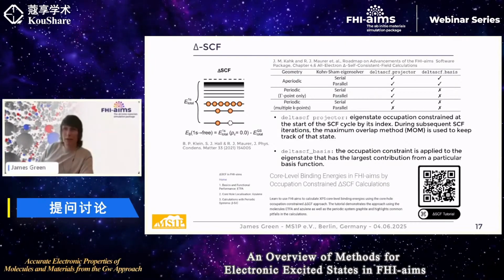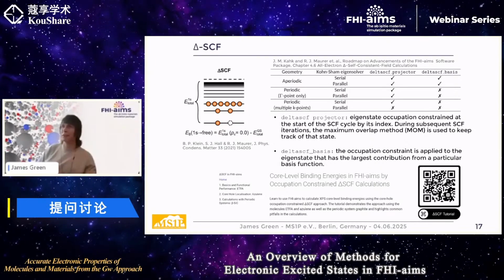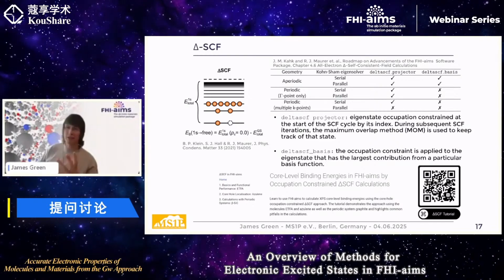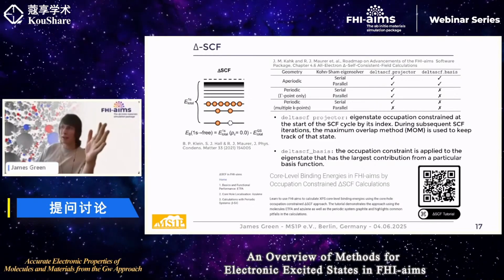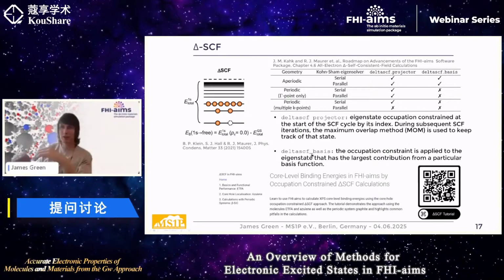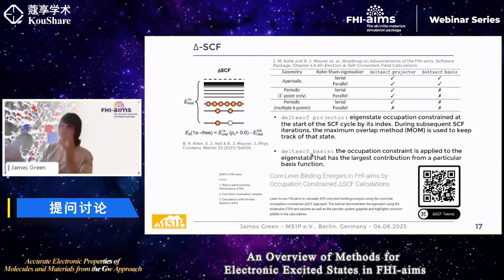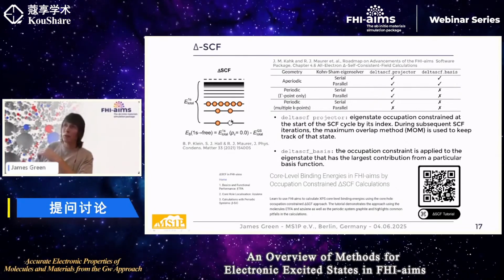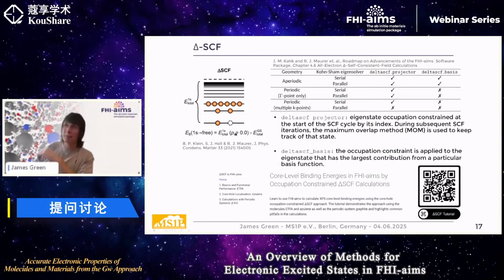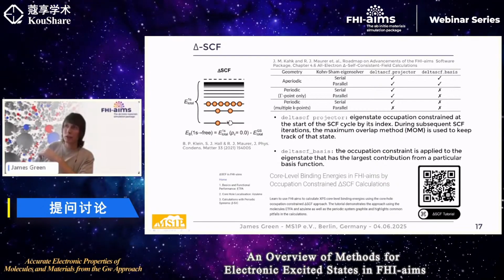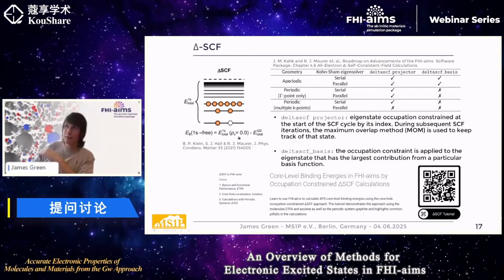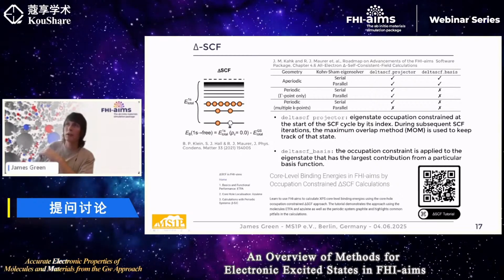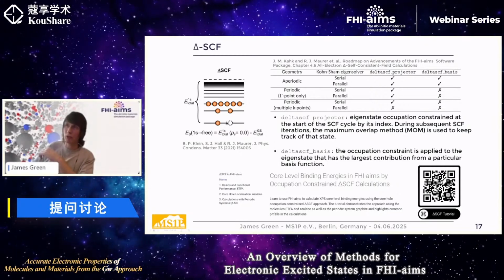Yes, delta SCF is used to essentially compute excited state energies and can be used in either the charged excitations case or the neutral excitations case. For example, in this example here, this second SCF calculation was computed with just an electron removed.